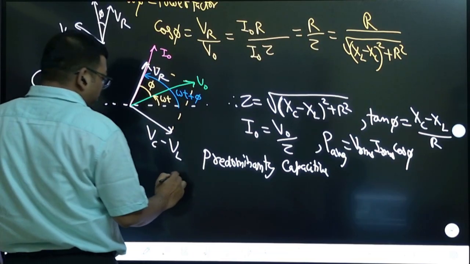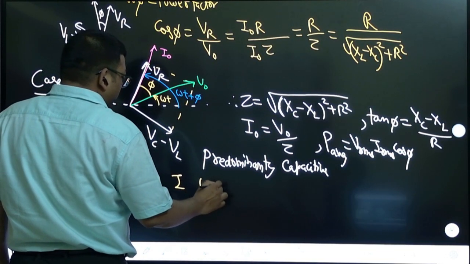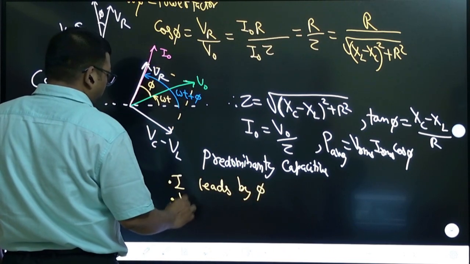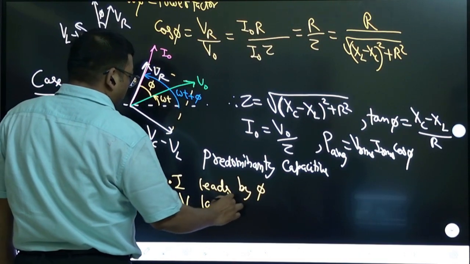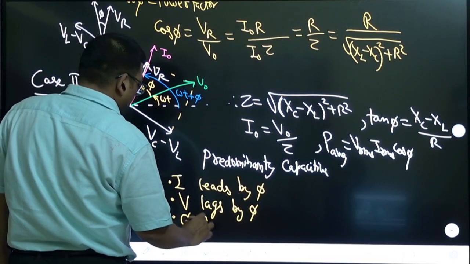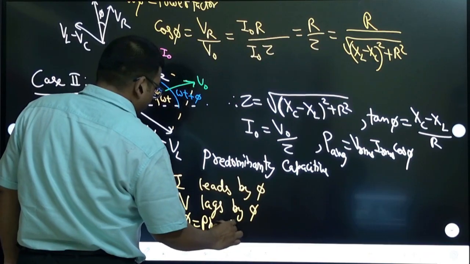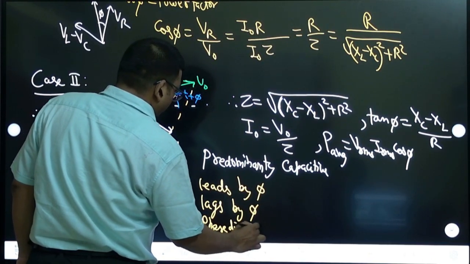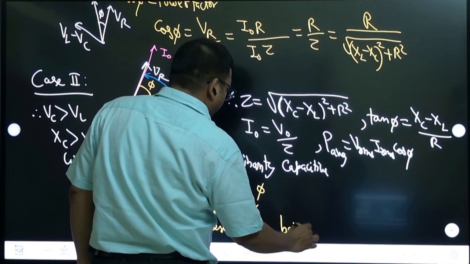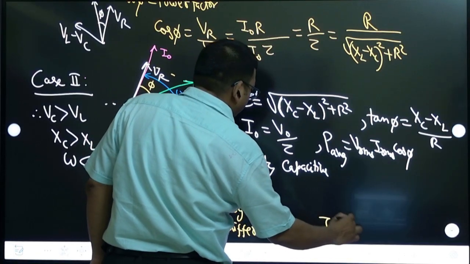Current leads by phi, or voltage lags by phi. Phi is the phase difference between current and voltage.